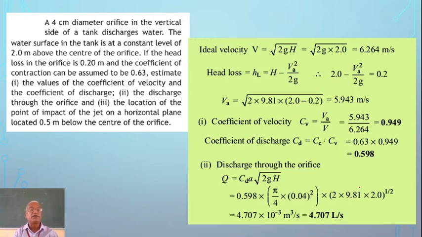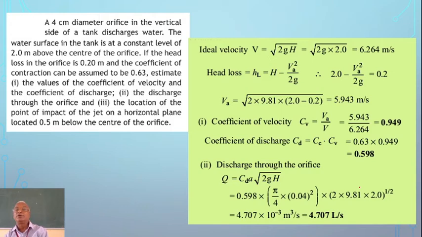Means y is given as 0.5. How much is x? That is what is asked. Okay, now looking at the data, I can start with ideal or theoretical velocity, root 2 gh, already given all the values.